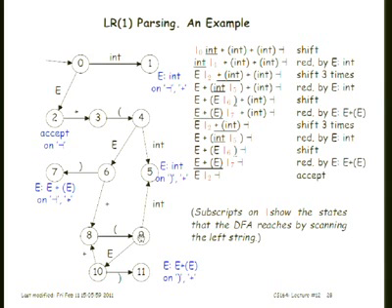So that's what all those things down there are for. And if I keep doing that, if I go E plus parenthesis, E plus parenthesis, as you can see, there is a convenient little loop down here that allows me to do that as well.